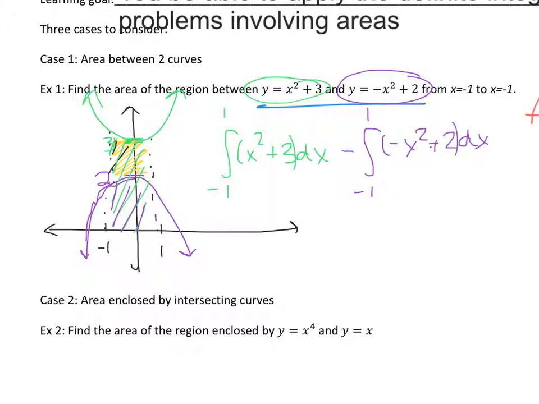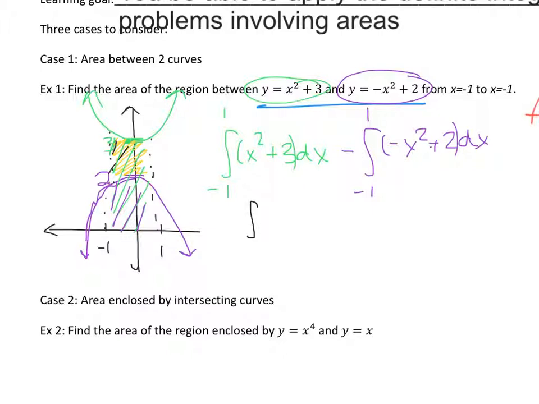Now, I wrote them as 2 integrals here because it's really easy to see what's happening, but it's also completely correct if you write it as 1 integral, okay? Think about your integral properties. Normally you'd pull it apart if you're subtracting. In this case, we can even put it back together.